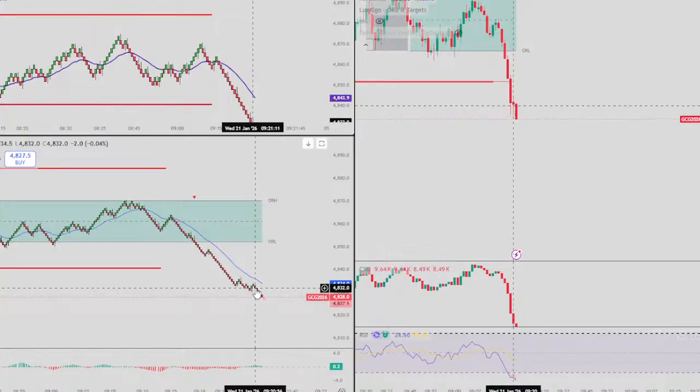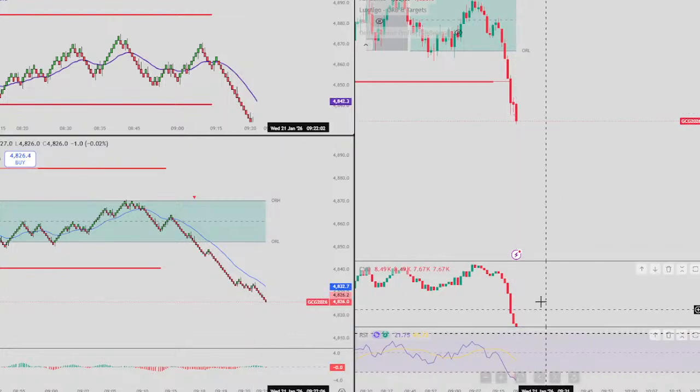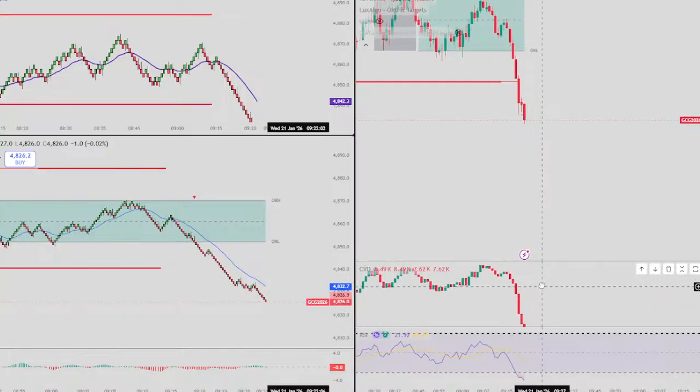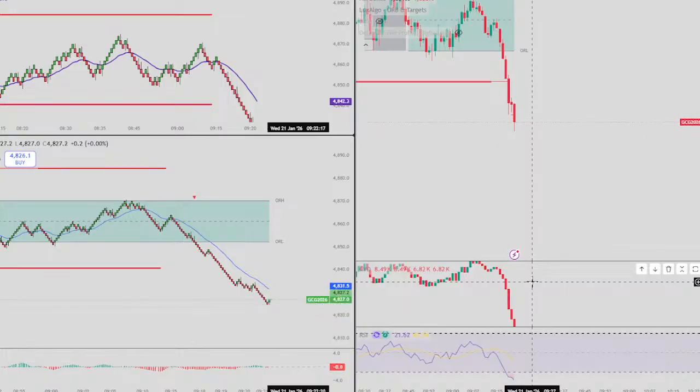See this? That second entry would have been good. The first one, not so much. And that's what I kept getting trapped in last week: the first entries were always bad for some reason. All right, so there is not a pullback because we're below that oversold, so it's not a pullback yet.